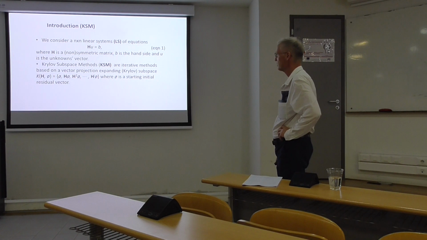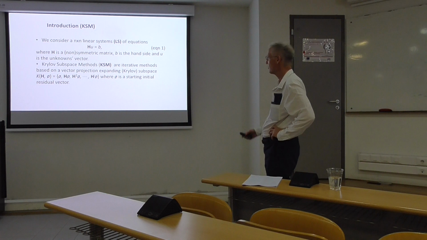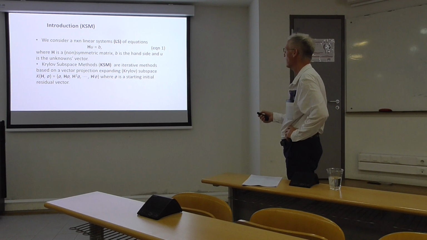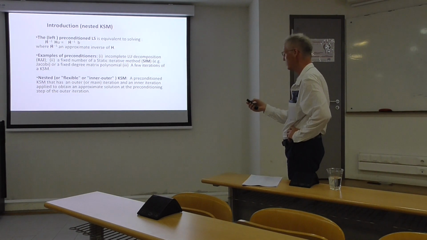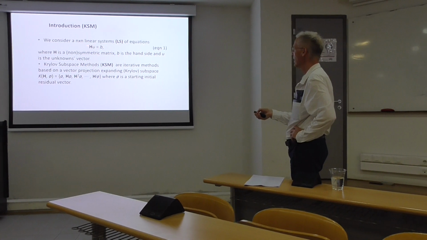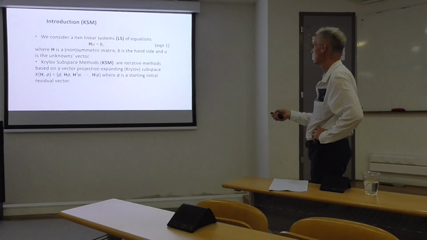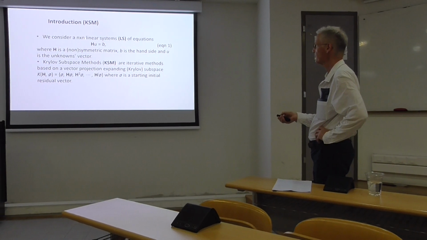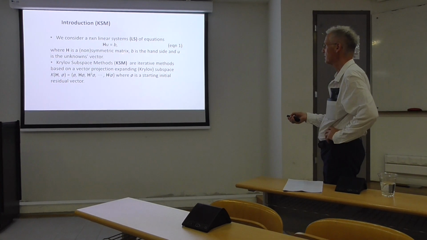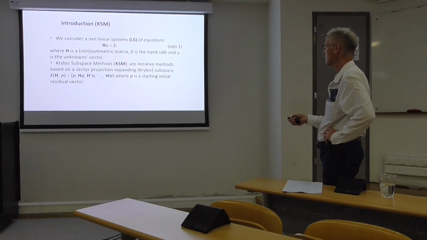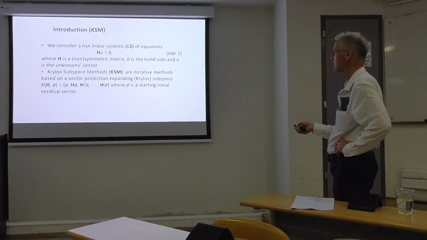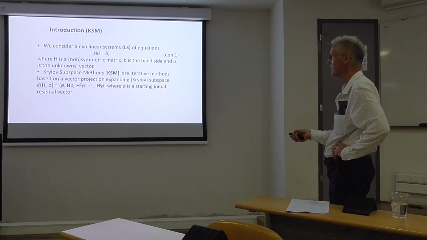So the introduction, we consider an n-by-n linear system, Hu = b, with a non-symmetric matrix H, sparse in general, and b is the right-hand side, and u is the unknowns vector.